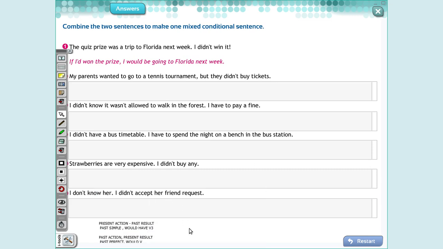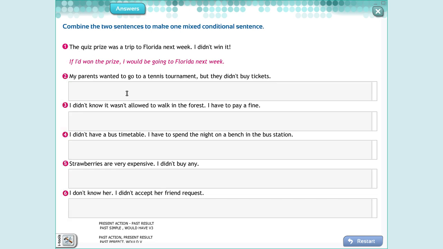Yeah, let's try. So the first one, we are going to rewrite the sentences using the mixed conditional. My parents wanted to go to the tennis tournament, but they didn't buy the tickets. So I have a past condition and a future result. Se eles tivessem comprado os tickets, eles iriam para o torneio. So how can I say?